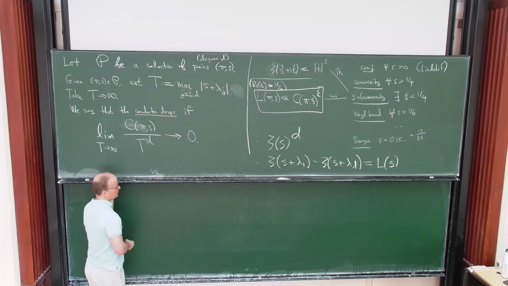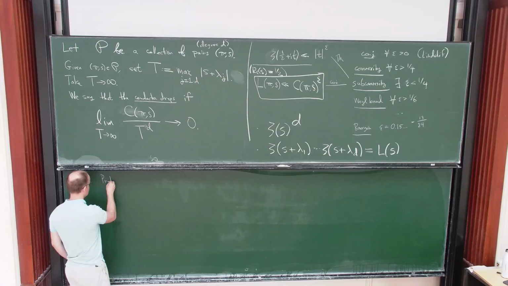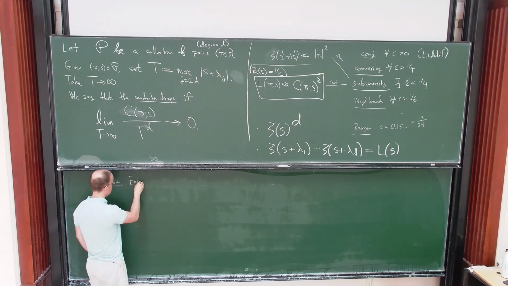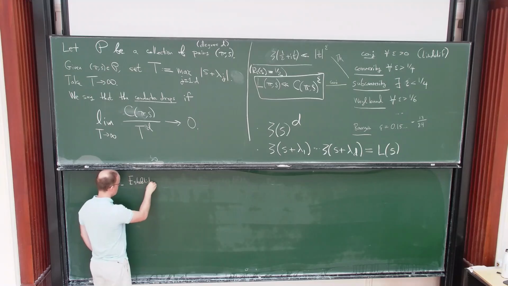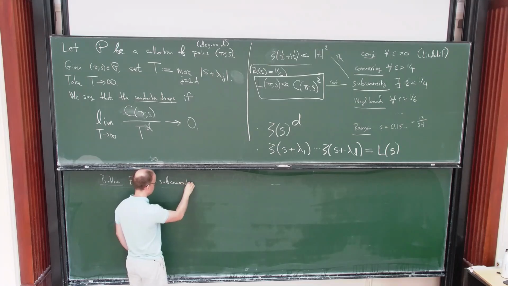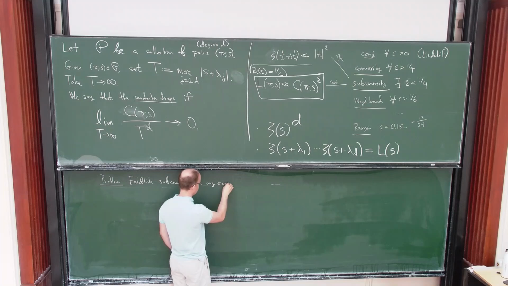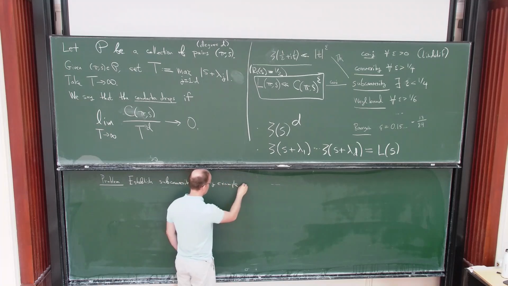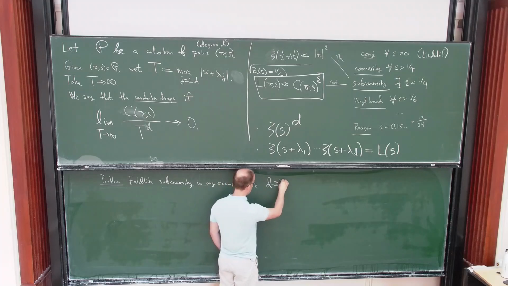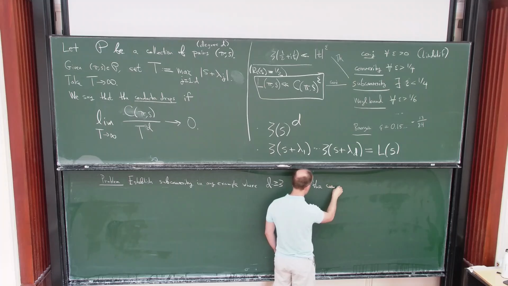And so the problem is quite literally: establish subconvexity in any example where the degree is at least 3 and the conductor drops.